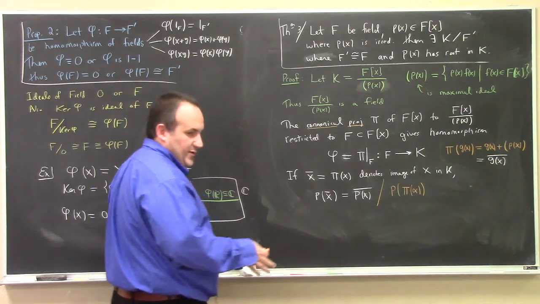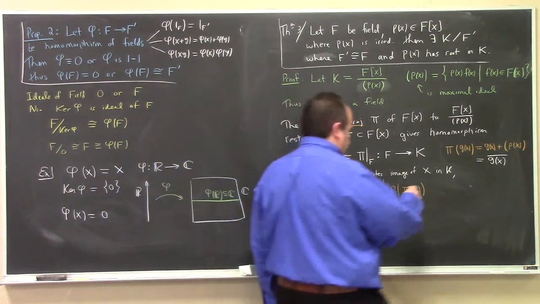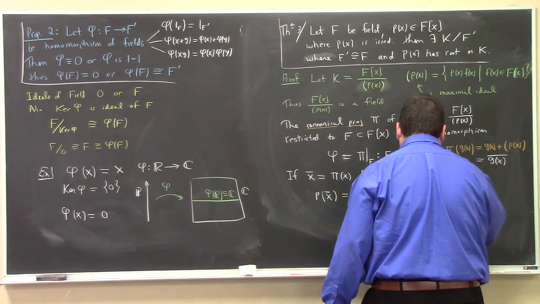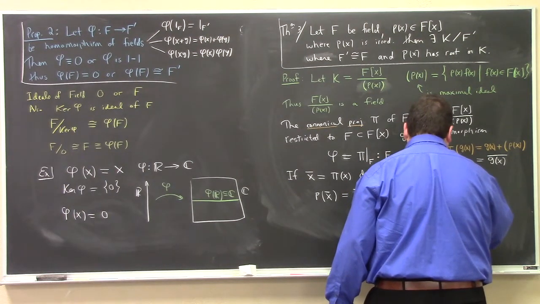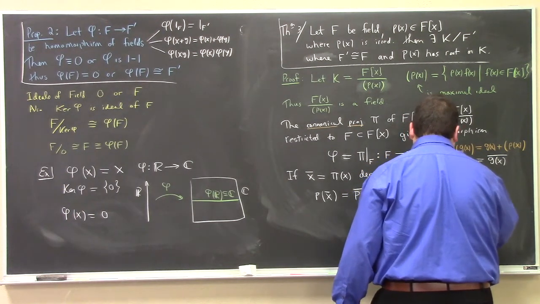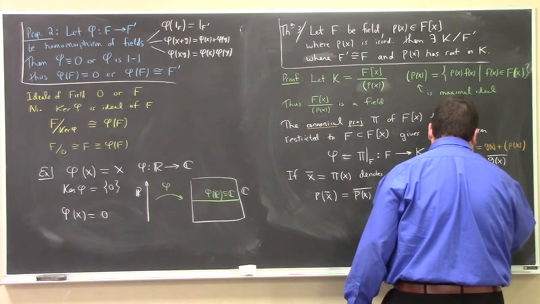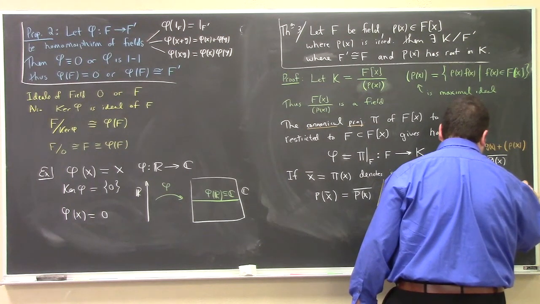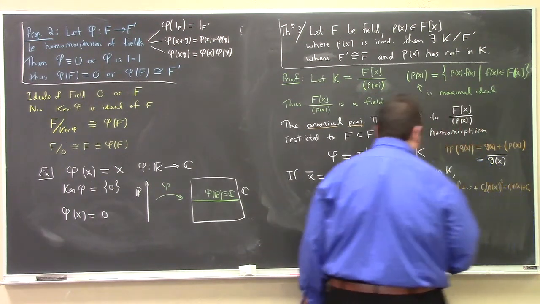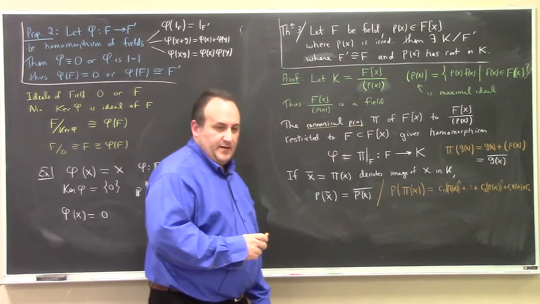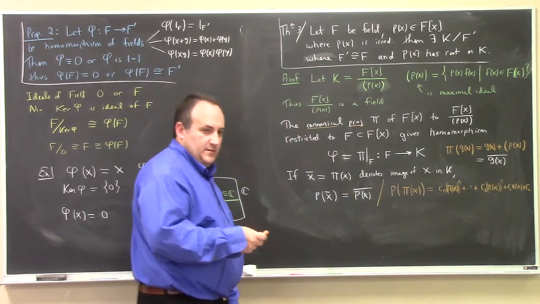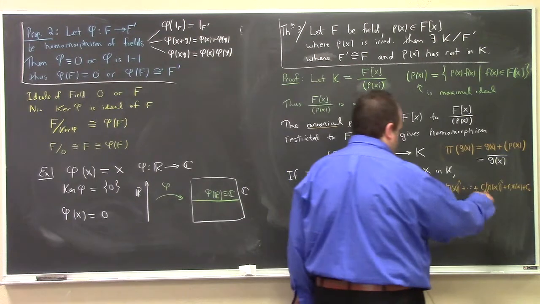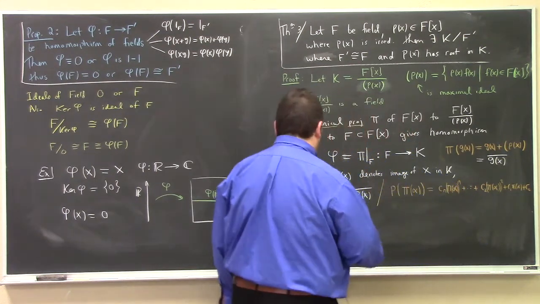Well, P is a polynomial, right? So this is something like Cn pi of alpha to the n plus dot dot dot plus C2 pi of alpha squared plus C1 pi of alpha plus C0. But the thing is, what is pi of alpha squared if pi is a homomorphism?